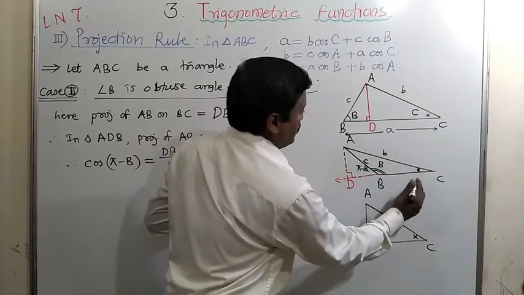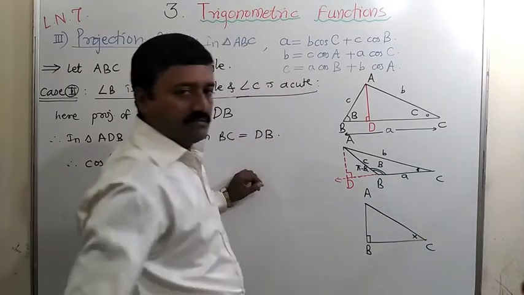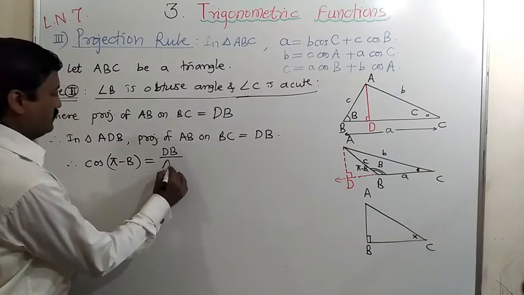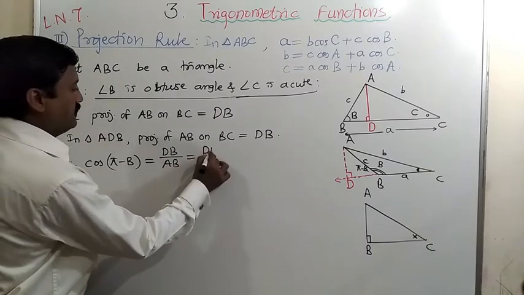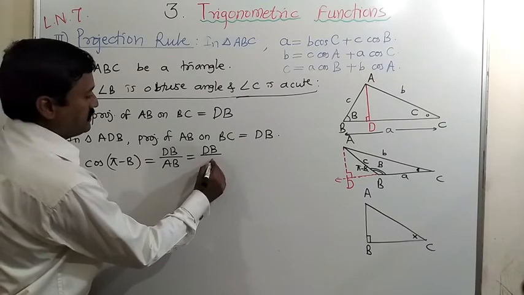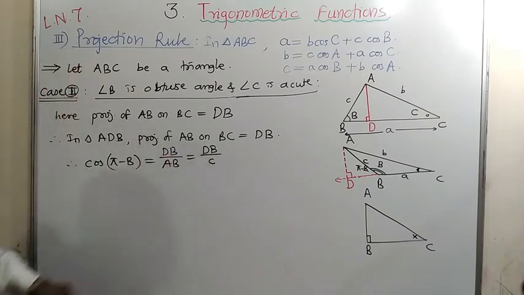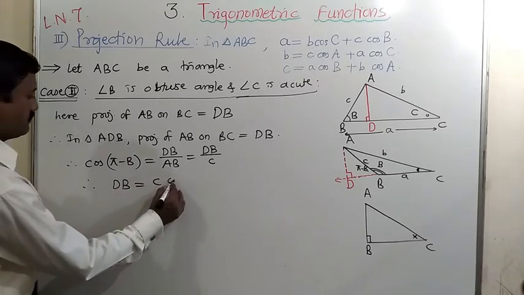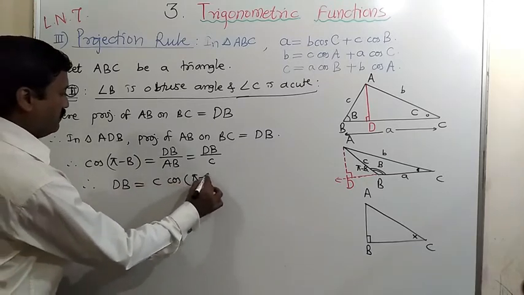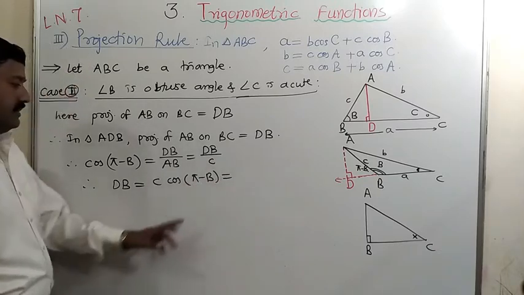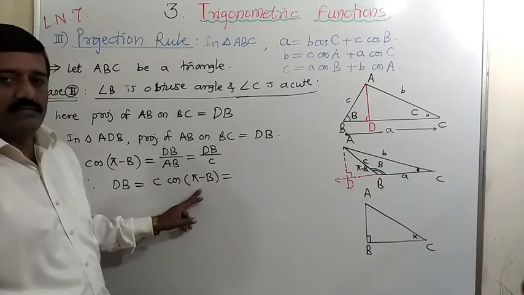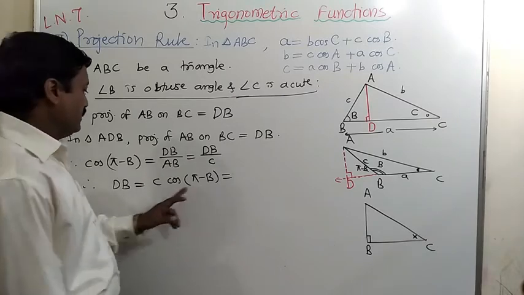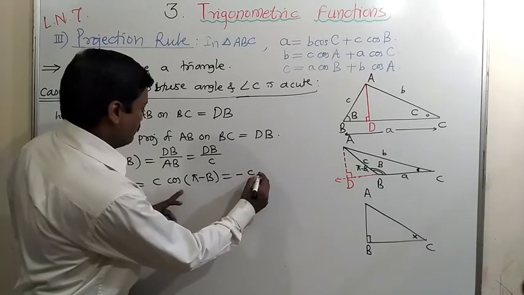This is small b, this is small a, and the hypotenuse AB is small c. So DB upon small c, therefore DB is equal to c cos of pi minus B, and cos of pi minus B is minus cos B, because pi minus B means second quadrant, and in the second quadrant the cosine ratio is negative. So we get here minus c cos B.